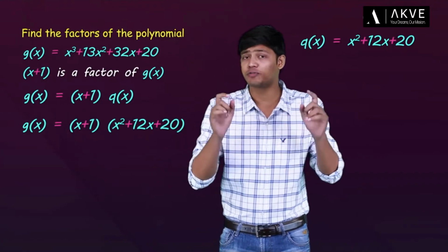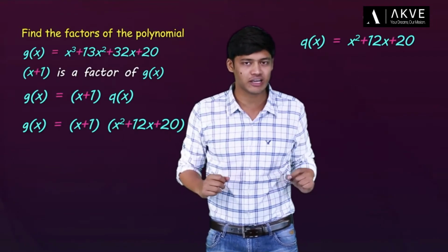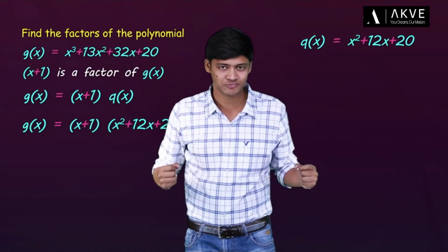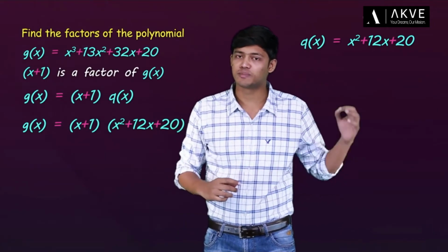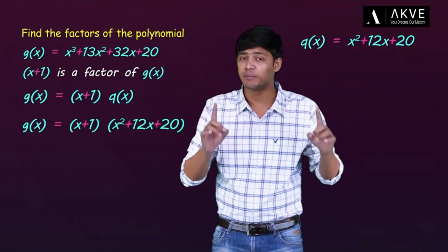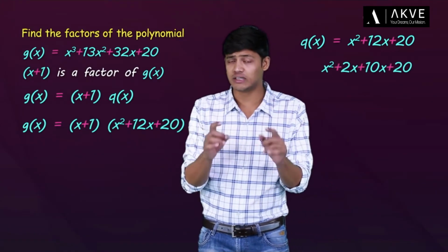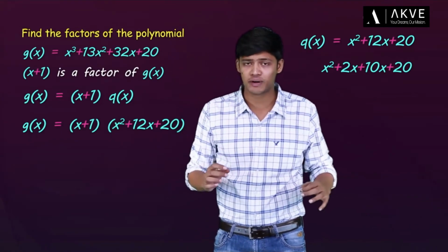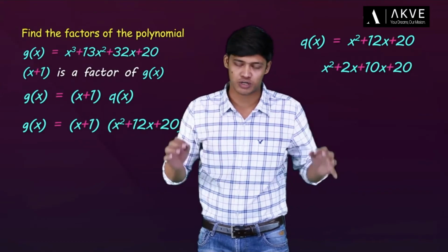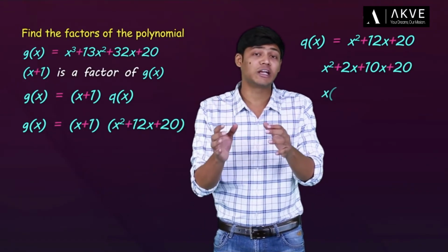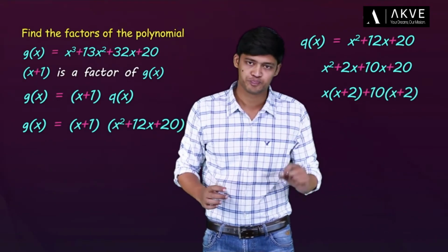Now we know how to factorize the quadratic polynomial x squared plus 12x plus 20 by splitting the middle term. So let's do it. So here is x squared plus 12x plus 20, and we split the middle term as 2x plus 10x. After that, we will take x common from the first two terms and 10 common from the next two terms, and we get x multiplied by x plus 2 plus 10 multiplied by x plus 2.